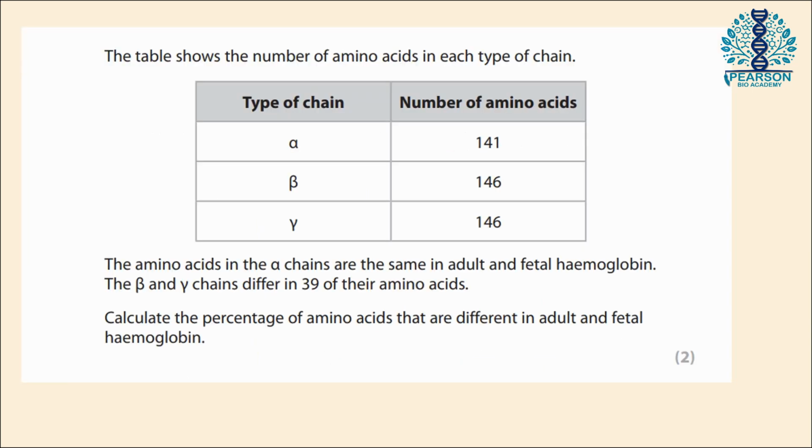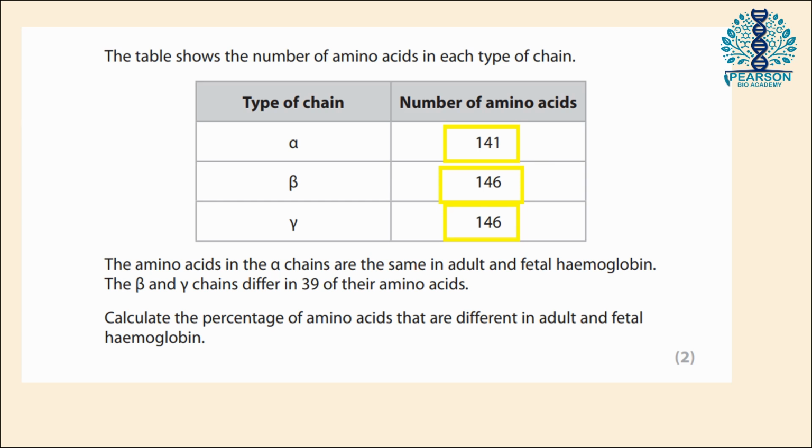So here again you are given a table which shows the number of amino acids in each type of chain. In alpha they have 141 amino acids, and in beta they contain 146, and gamma again is 146. So the amino acids in the alpha chains are the same in adult and fetal hemoglobin.